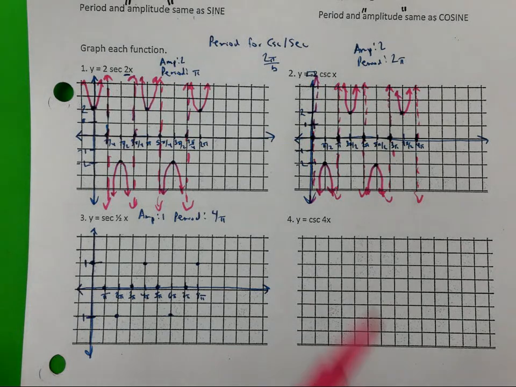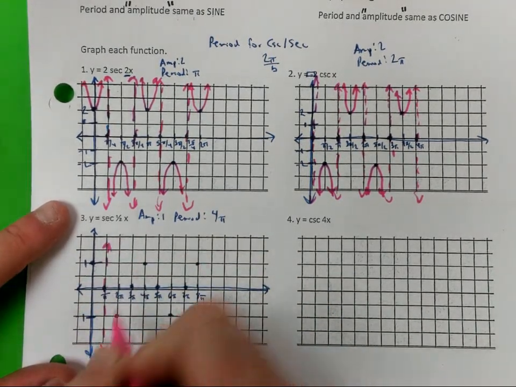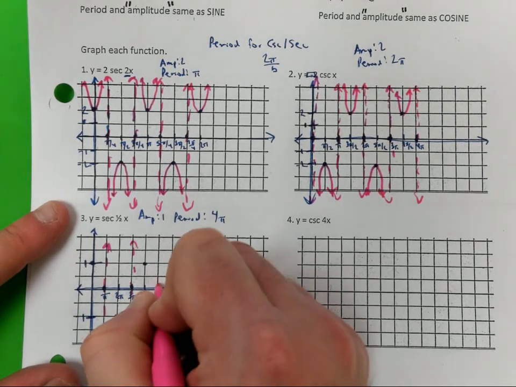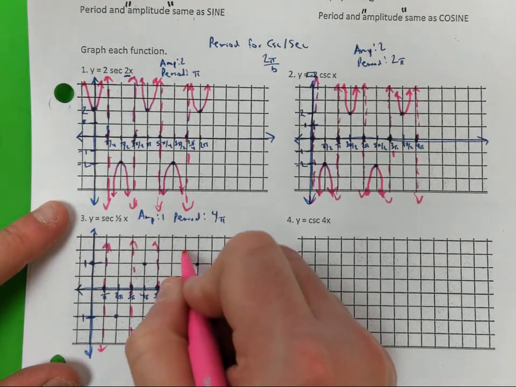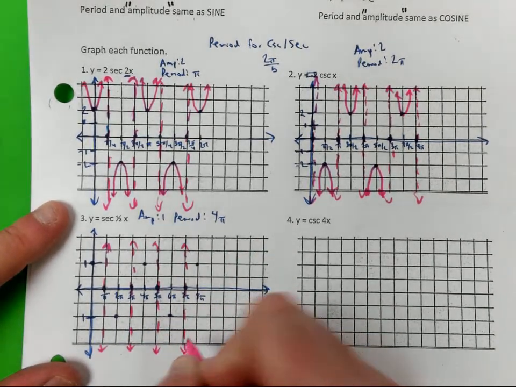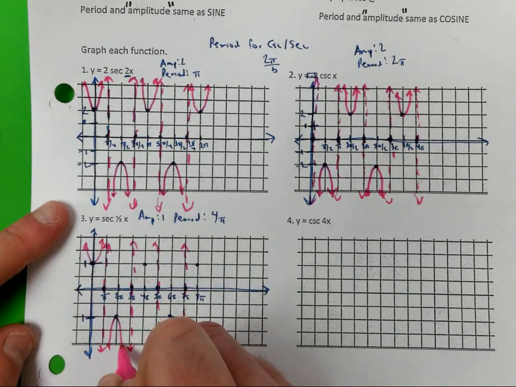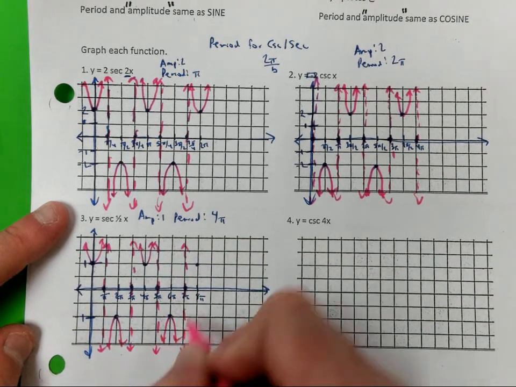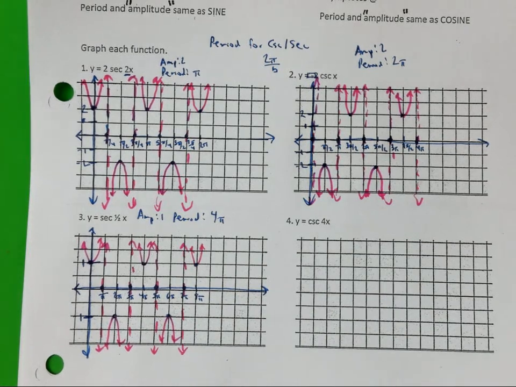Where it crosses the x-axis will be an asymptote. And there's my graph.